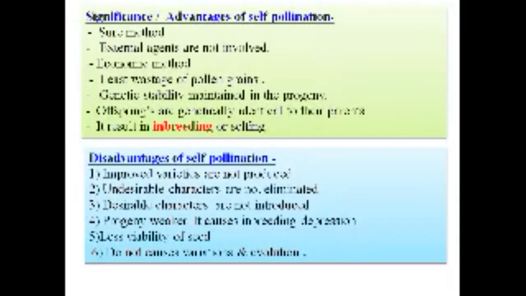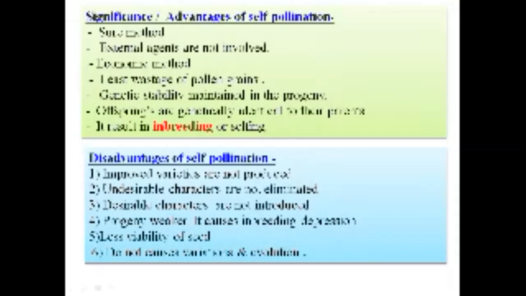Progeny becomes weak or weaker. It causes inbreeding depression. So it's one of the drawbacks, in which, due to continuous self-pollination, inbreeding depression takes place. Progeny become very weak, more susceptible to diseases.